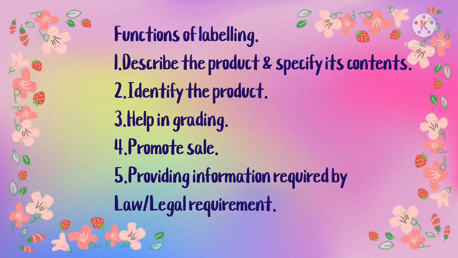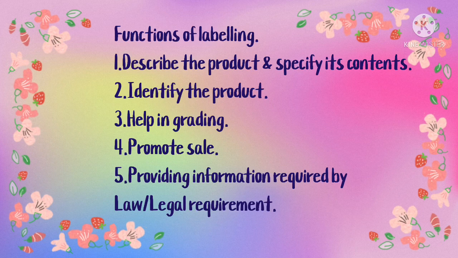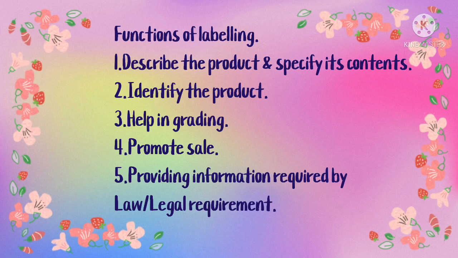Fifth is providing information required by law or legal requirements, meaning the label is also used to fulfill the legal requirements, as it is a legal compulsion, because it is very necessary to get your product registered.